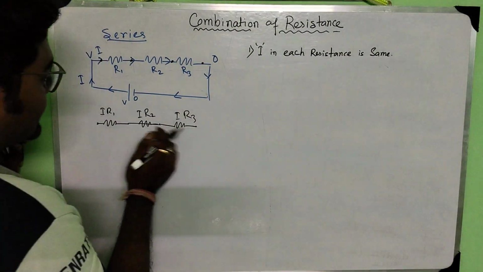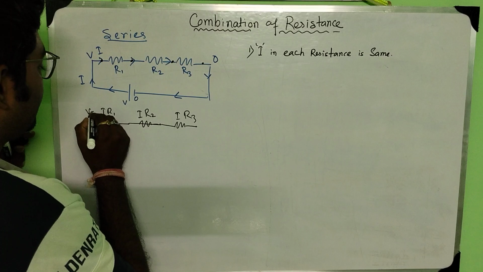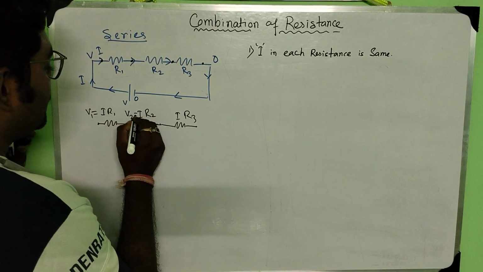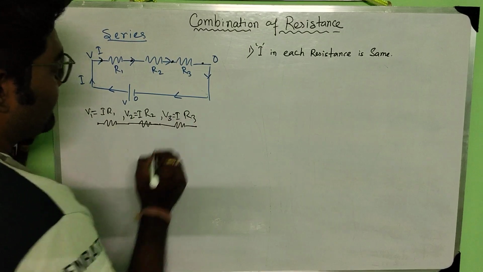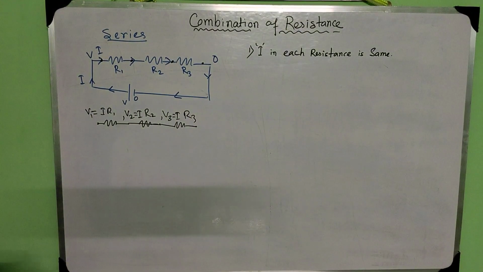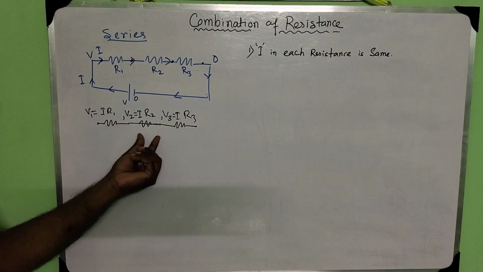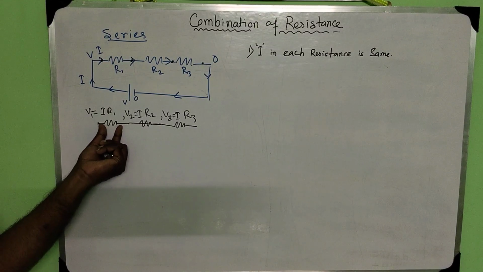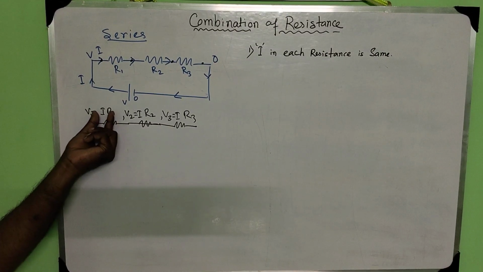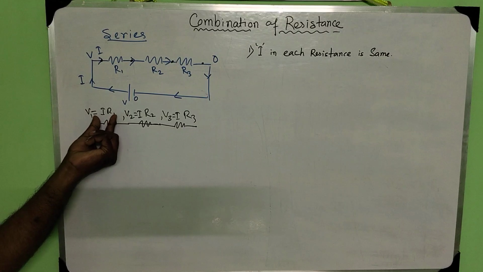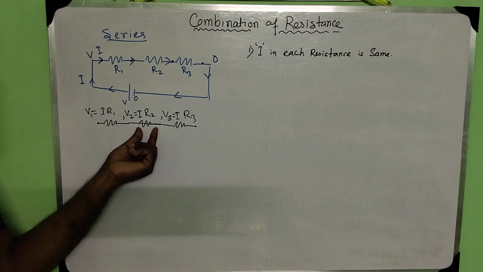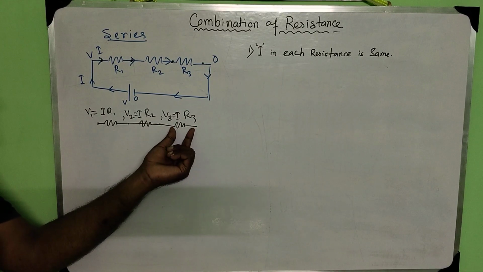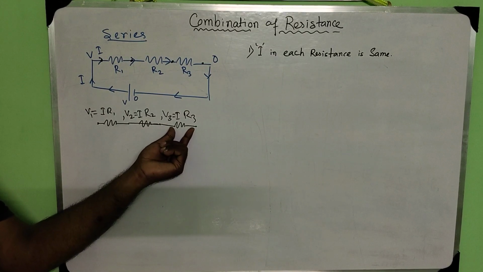This one is V1, this one is V2, this one is V3. The voltage drop across R1 is I into R1, across R2 is I into R2, and across the third resistor is I into R3.